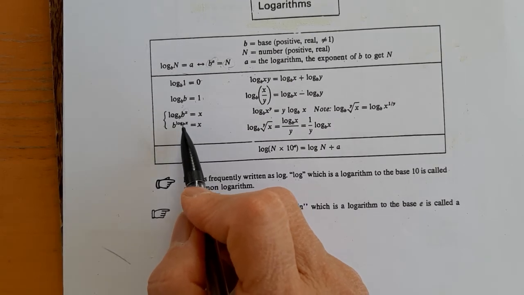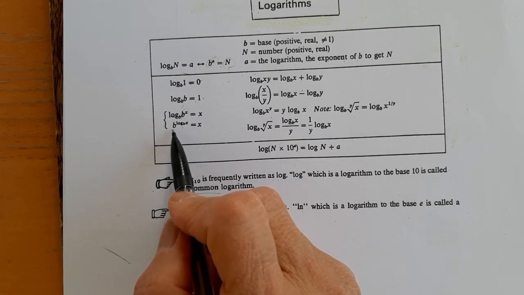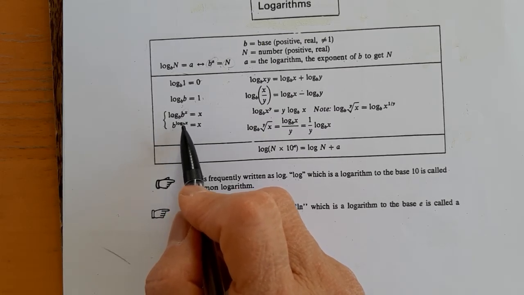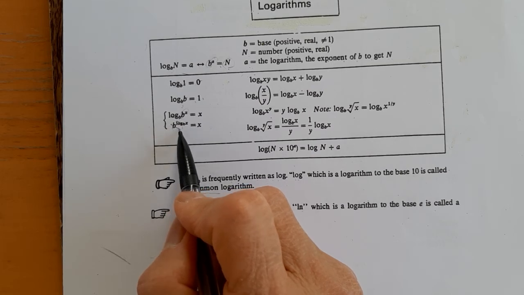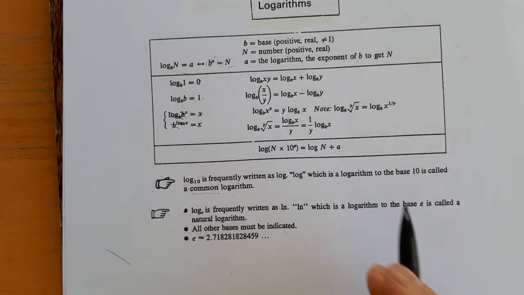Or a number, you take the logarithm function with base b, then take the exponential function with base b to the power, the two cancel each other, and you get x.